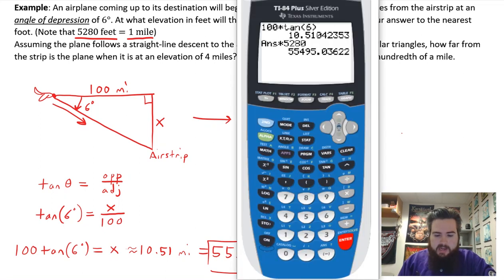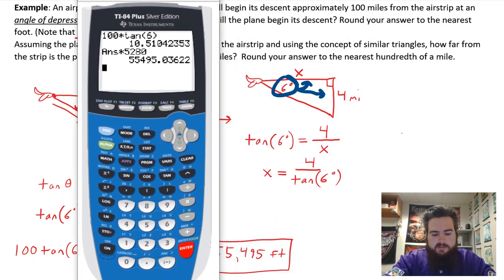Like before, I can now go into my calculator and approximate this. In this case, I'm going to take 4, divide by tangent, and yet again plug in 6 inside of tangent. Note that we know that we've already progressed some part of the way, and probably a little bit more than halfway.